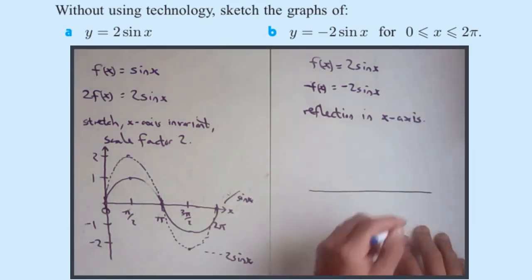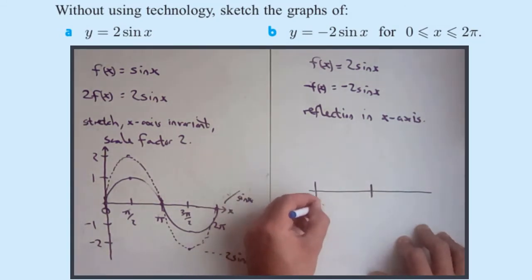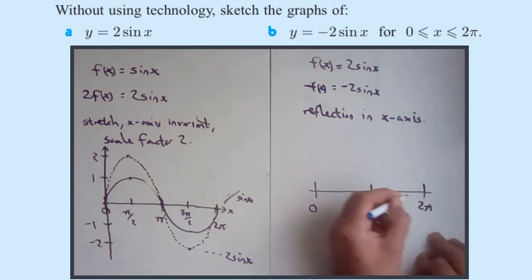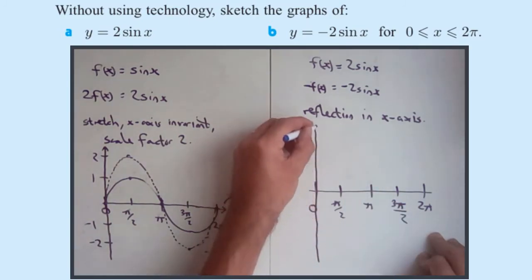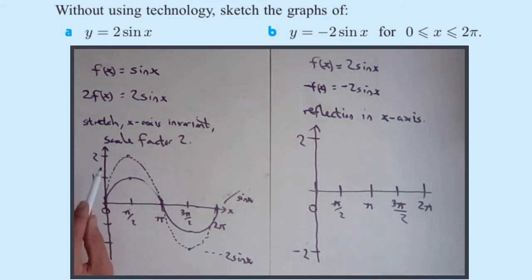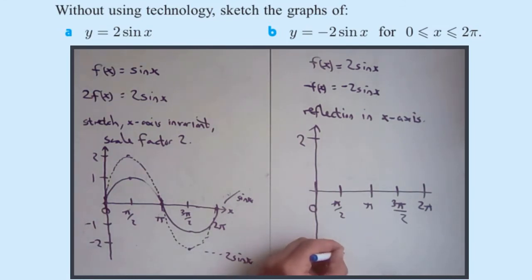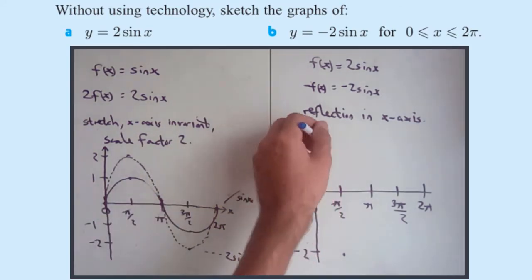So if we just draw the function, we've got 0, pi by 2, pi, 3 pi by 2, 2 pi. We have to go up to 2 and down to minus 2. But if you think about it, we flip the thing upside down, so this point here will be reflected down to here. And this point at 3 pi by 2 that was minus 2 is going to be reflected up to 2.